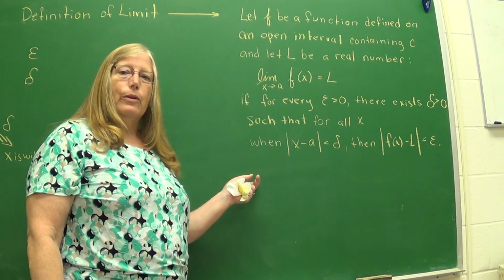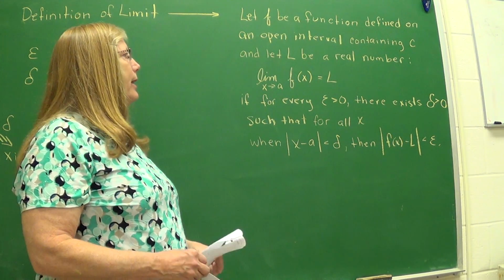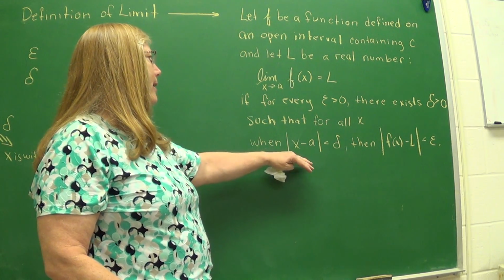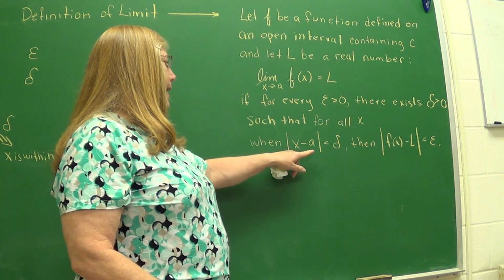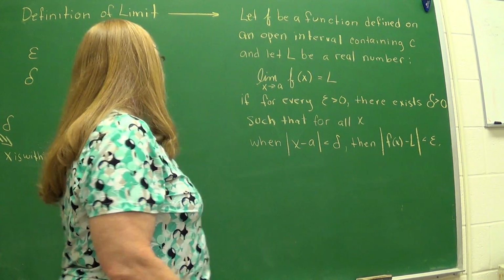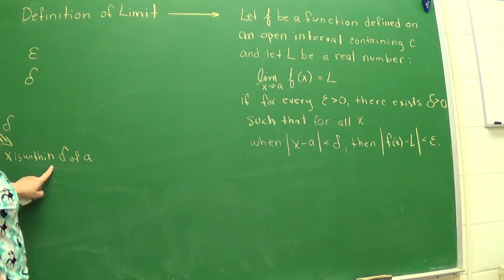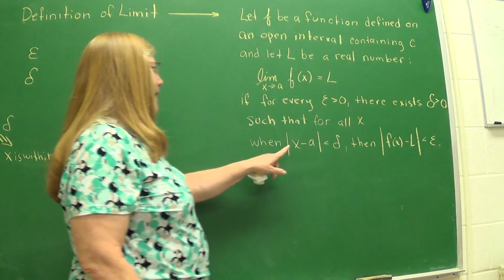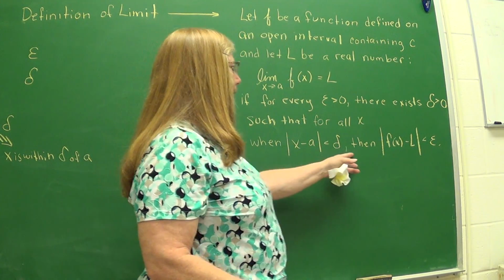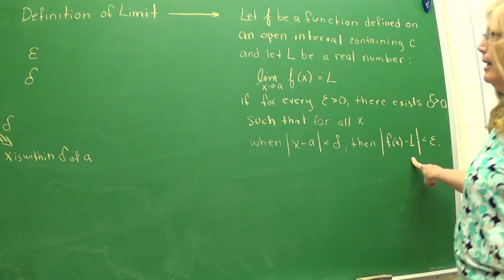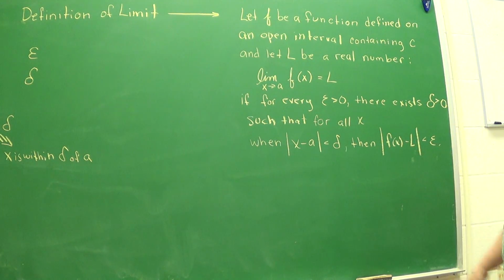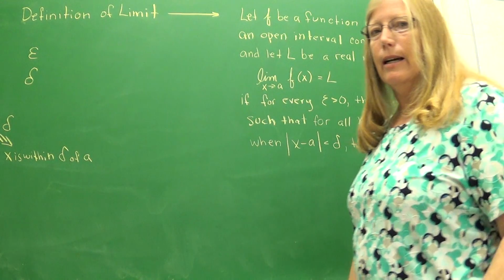So I've given you a picture of that, and hopefully that is clear now. When we come to this, we're saying when x is within delta of a, that's what this means, then over here, f of x is within epsilon of L. So we have this dance.